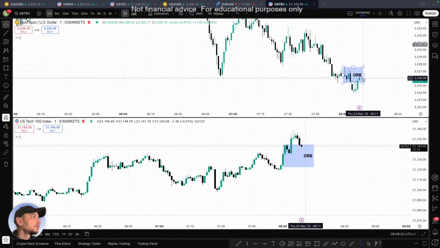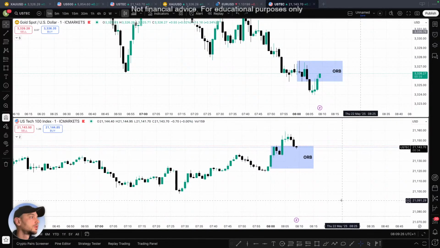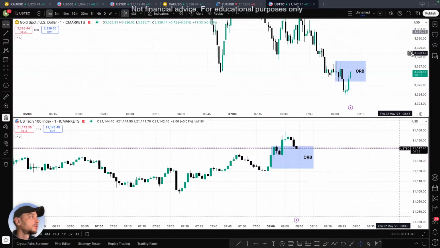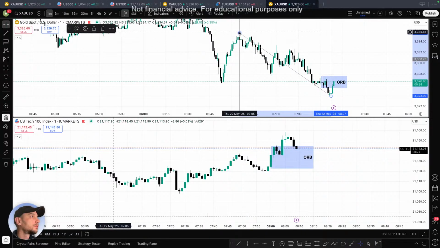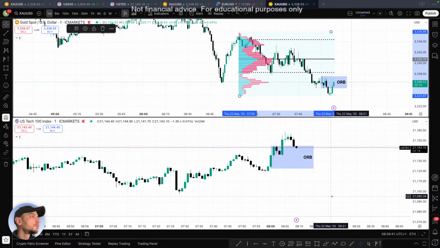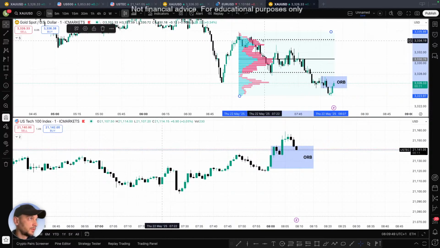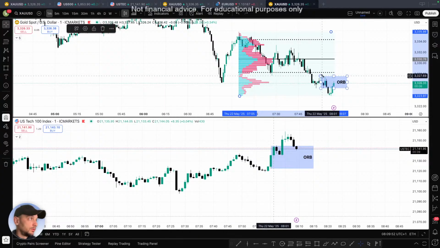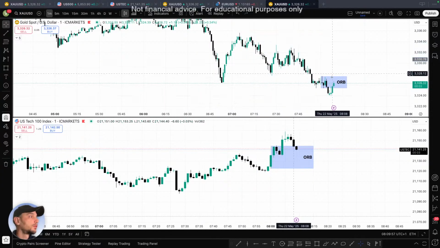Nasdaq came back to the ORB. Gold is back into the ORB. The volume profile is with us as well because we break out from this zone of interest. So we shouldn't go back inside. But we are very close.